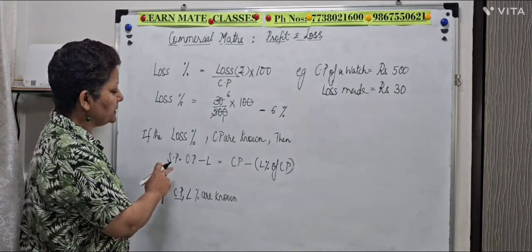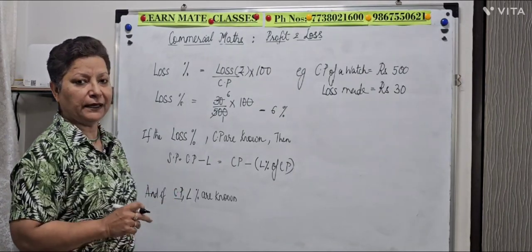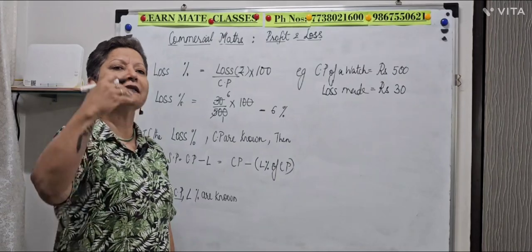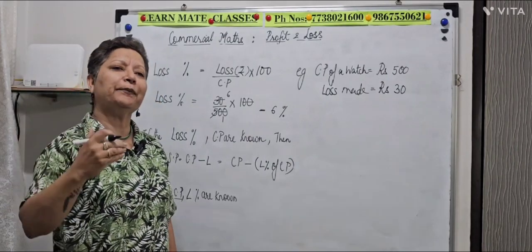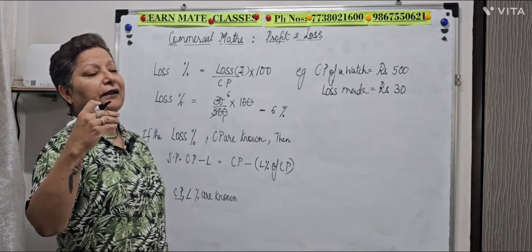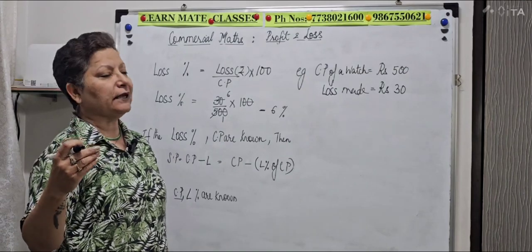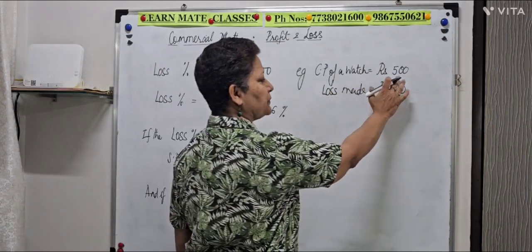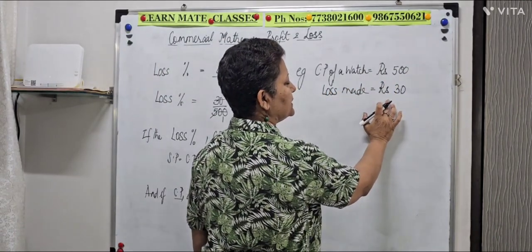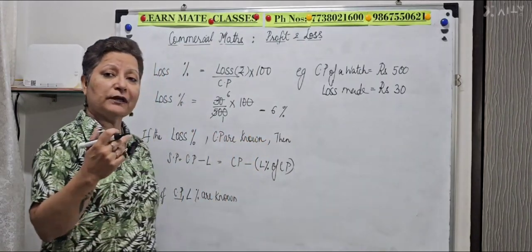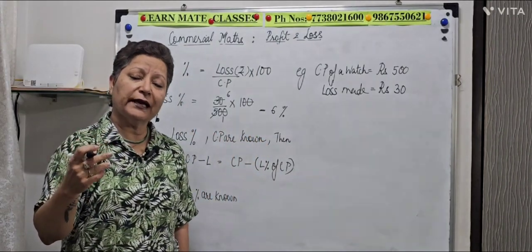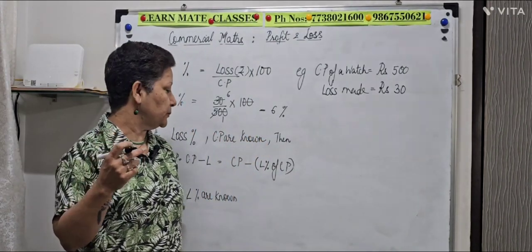Selling price, as I know, is nothing but cost price minus the loss, because you are incurring a loss. The selling price is less, the CP is more. In this case my CP was 500 and my loss is 30, so I would have actually sold that watch at 470 rupees.